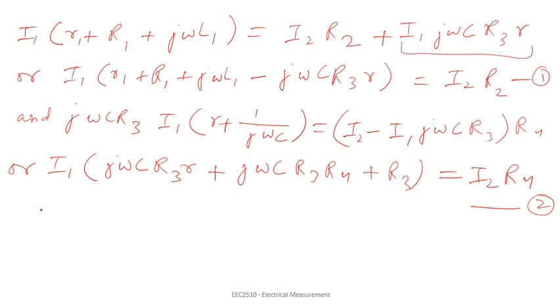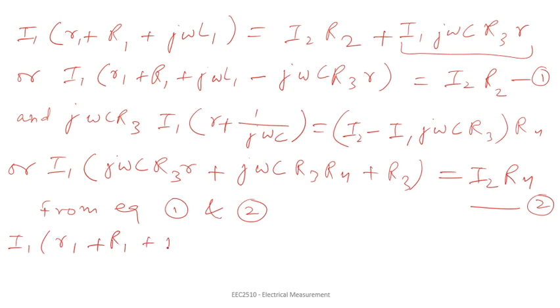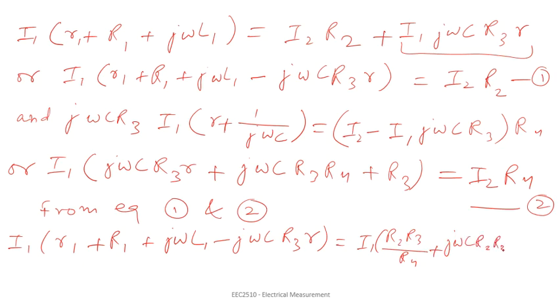Okay, so from equations 1 and 2 you should get I1 times (R1 plus r plus j omega L1 minus j omega C R3 r) equal to I1 (R2 R3 over R4 plus j omega C R2 R3 r over R4, plus there will be one more term, j omega C R3 R2).